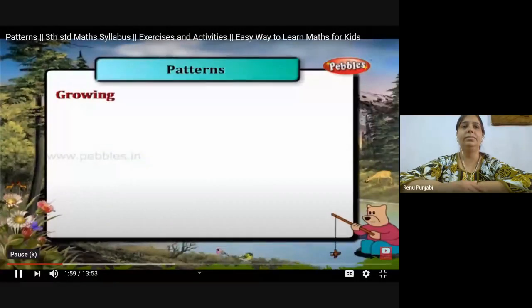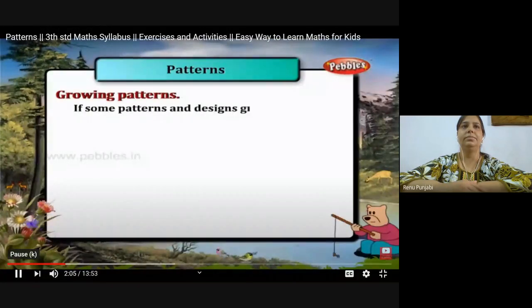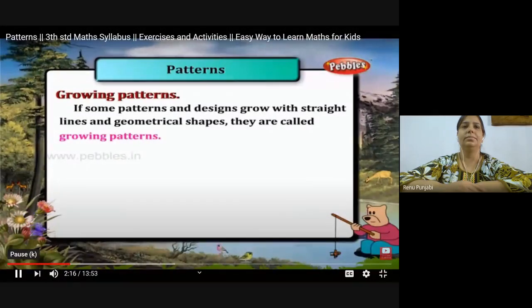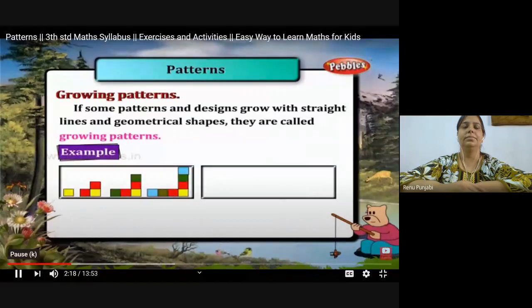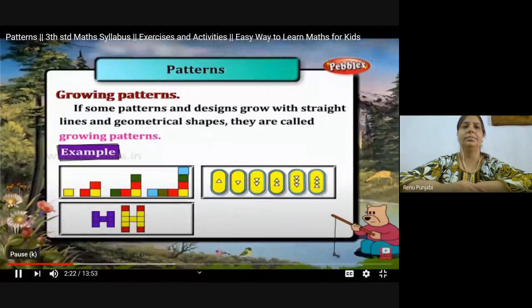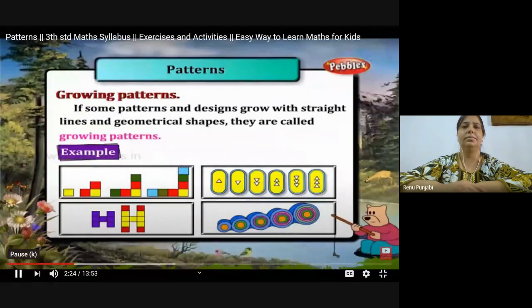Now, what are growing patterns? If some patterns and designs grow with straight lines and geometrical shapes, they are called growing patterns. Look at these examples.